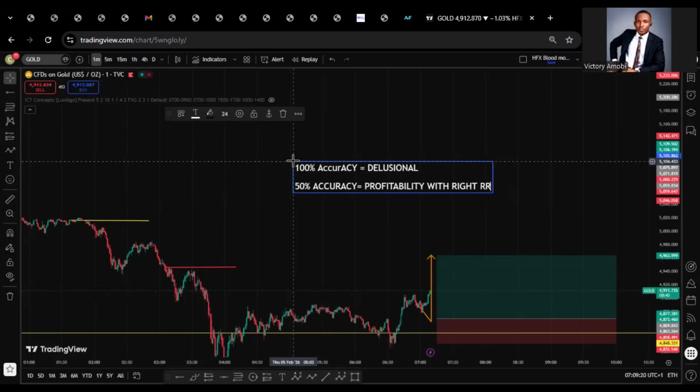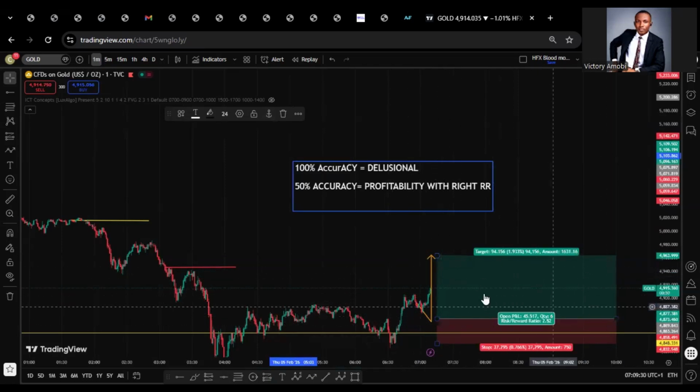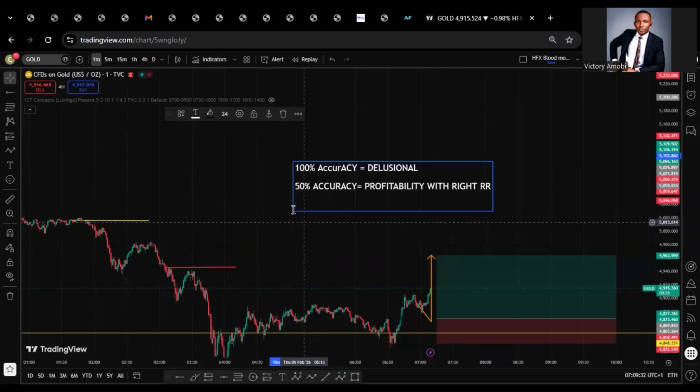Right? So let's break it down now so you can make more sense. Let's say you're risking 1:2, right? So for every $10 you risk, you're making $20.